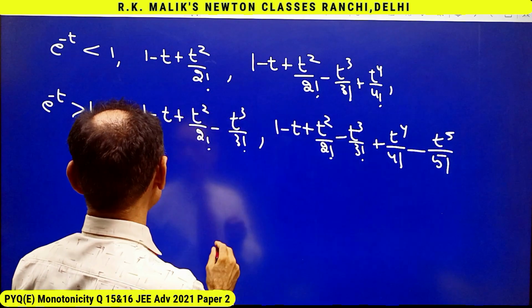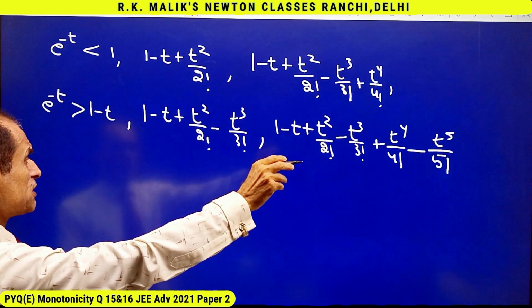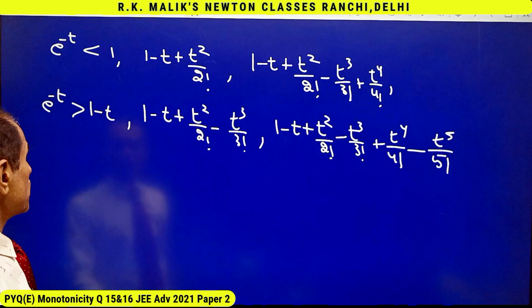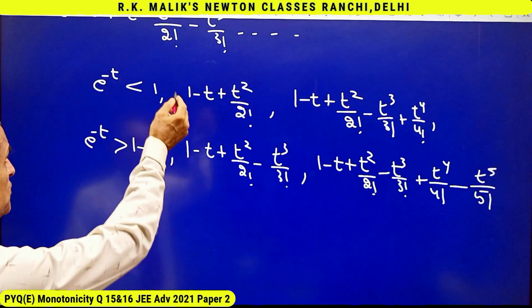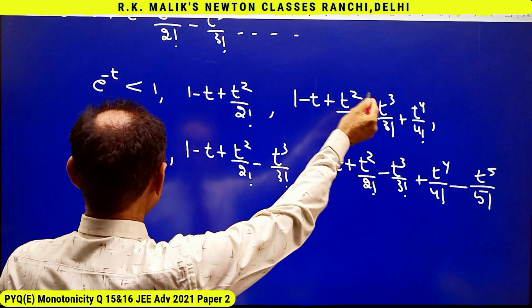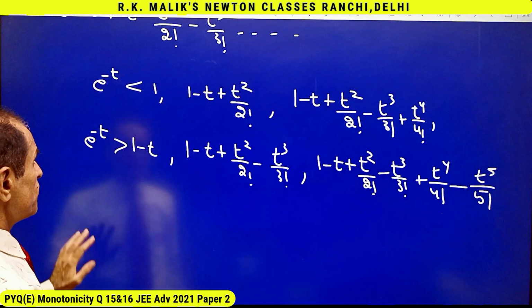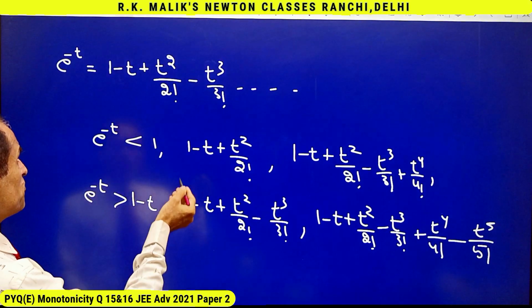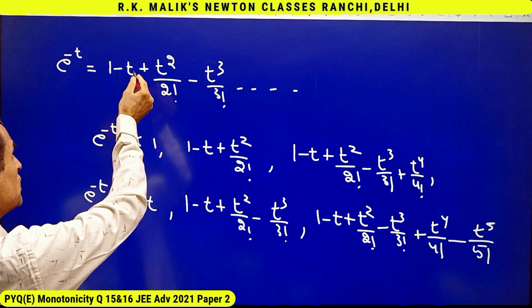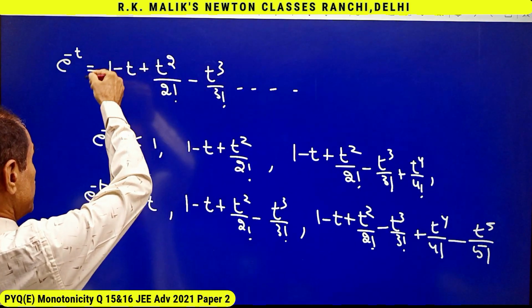Here you can see very easily I have gone always up to odd power of t. This is true for all positive values of t. I am saying positive because for positive values only this is alternately positive and negative.